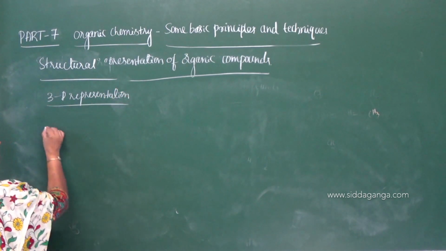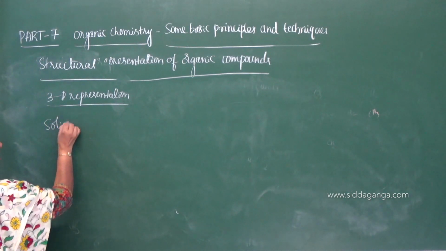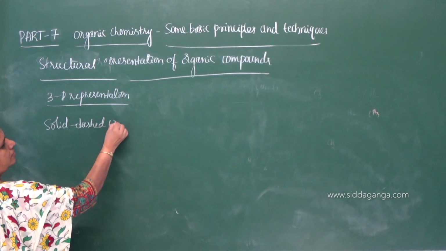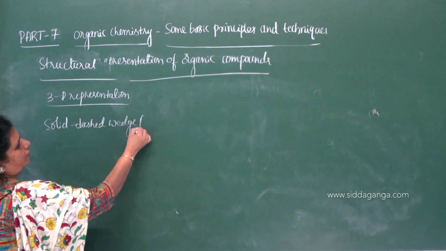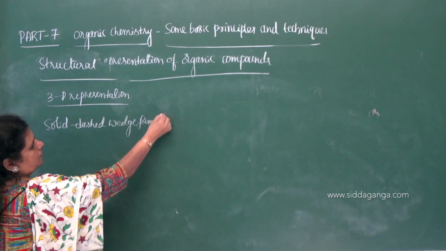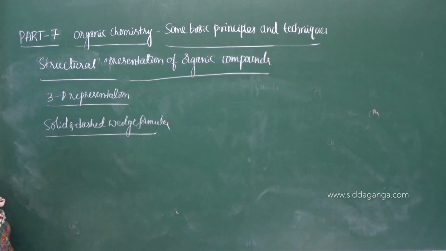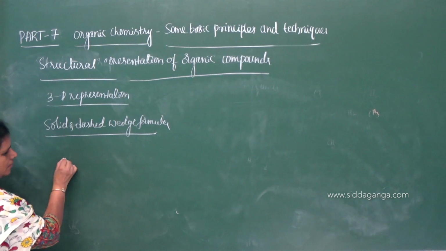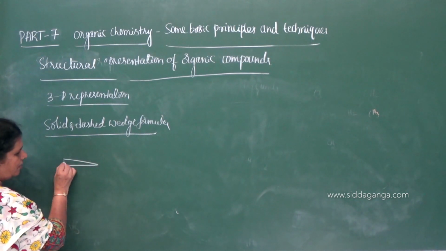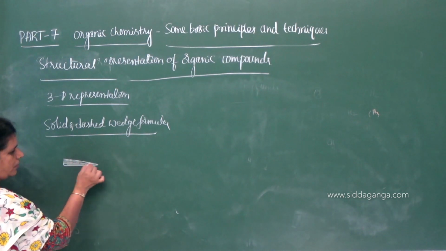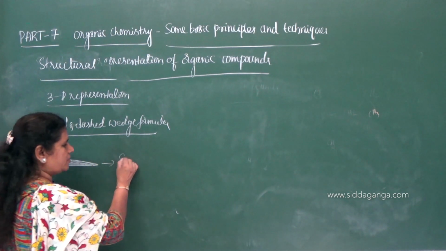In 3-dimensional representation, we have the solid and dashed wedge formula. Solid and dashed wedge formula. What do you mean by solid wedge? This is the representation of solid wedge.